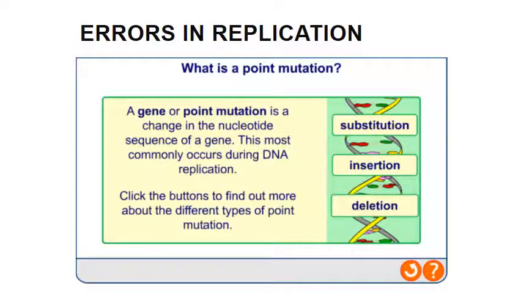In addition, mutations, referred to here as an insertion: as the DNA is replicated, the DNA polymerase may slip and repeat a base or sequence of bases, and this causes the addition of one or more extra nucleotides to the new strand.